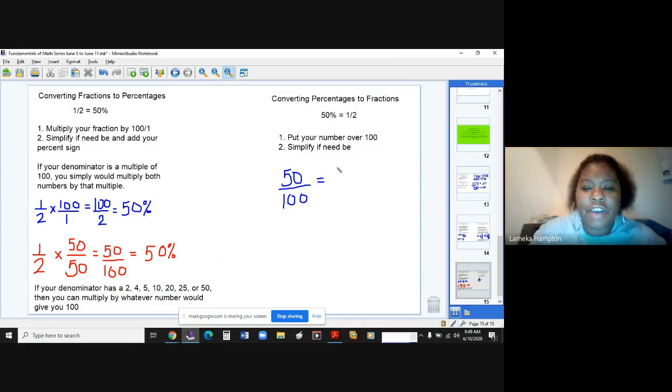I'm going to simplify that to 1/2. Simple. Another example, and it can be any number. Remember, some fractions may not need to be simplified, so that's how come you have to know your factors and your multiples. You have to know those important things as it relates to multiplication as well as division.